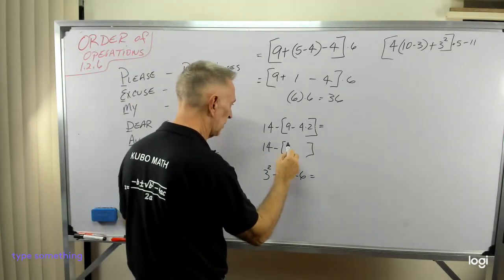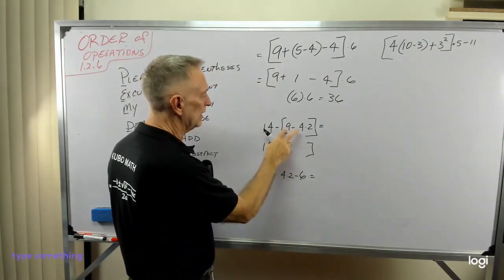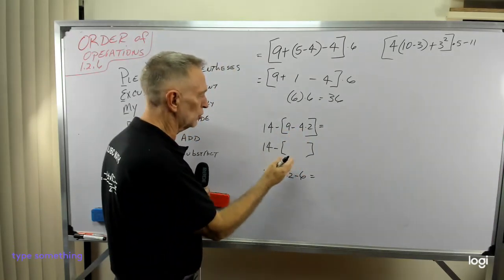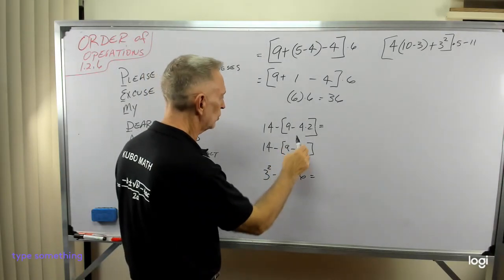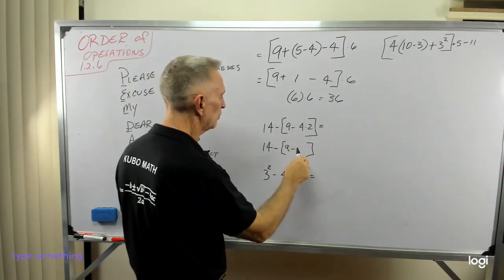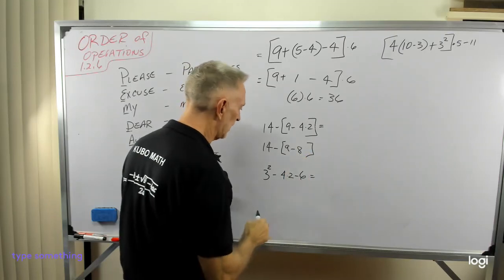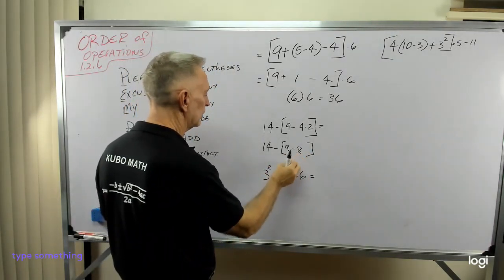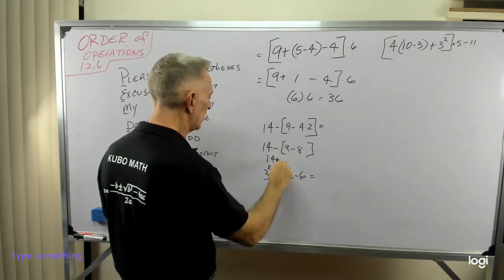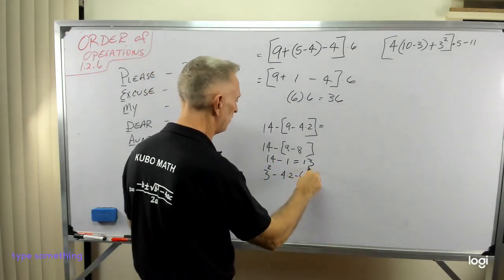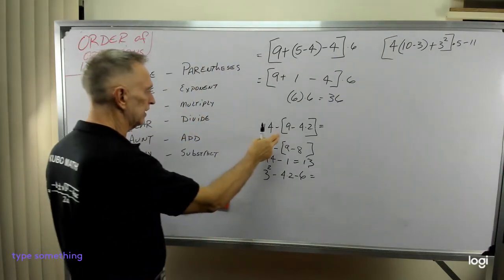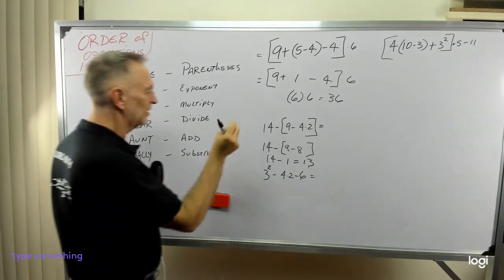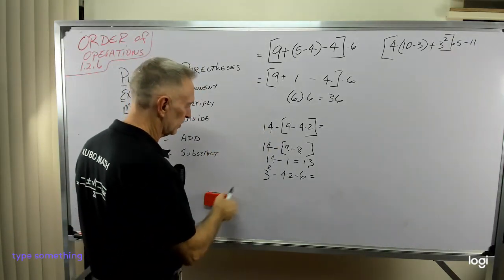So it's telling me I don't say 9 minus 4 is 5 and then multiply that times 2. It says I need to multiply the 4 times 2 first, and that's 8. So now, still working within my parentheses, 9 minus 8 is 1. 14 minus 1 is 13. So that's just an example of how please excuse my dear Aunt Sally works inside that parentheses.